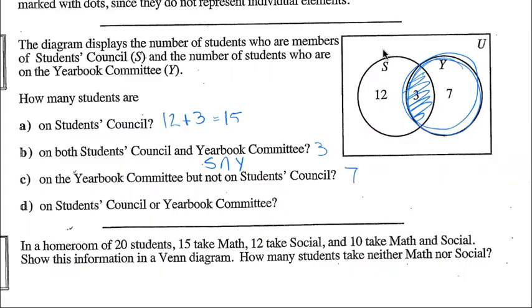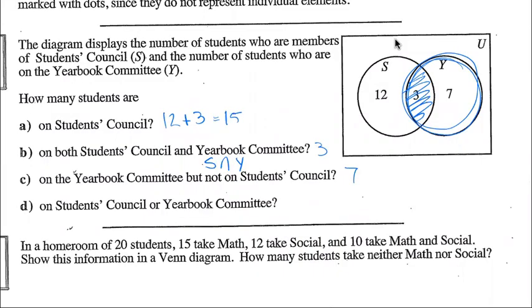Why don't you take a second and try to figure out what that would be using symbolism? Okay, maybe you were able to figure it out. So it's Yearbook Committee, but not Students' Council. Actually, as I said that, I realized that we probably don't really know what that symbolism would be, so let's not worry about it.